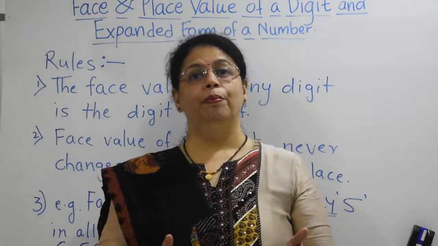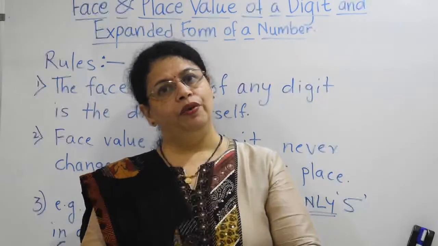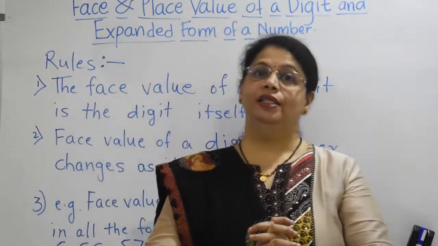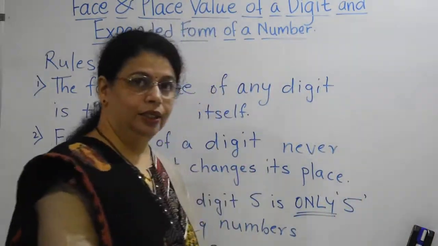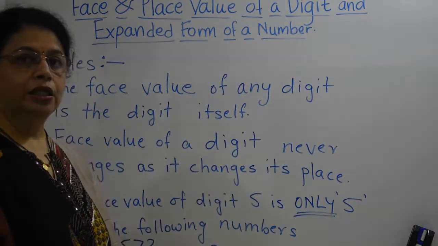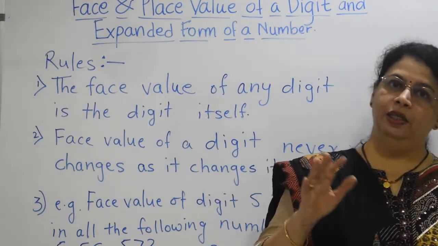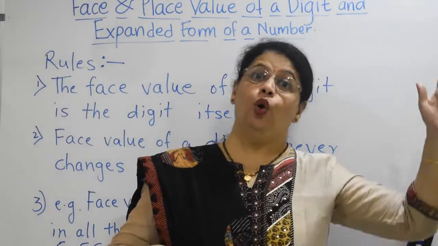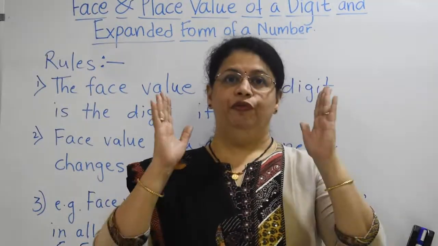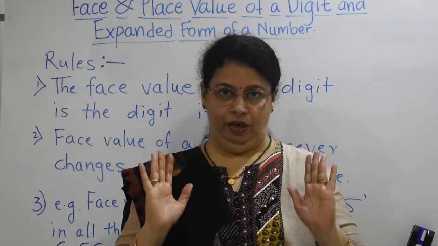Face value of number 2 is always 2. Face value of number 7 is always 7. Even though the digit 7 is in units place, hundreds place, 10,000s place, lakhs place, crores place, any place, the face value of 7 will always be 7.